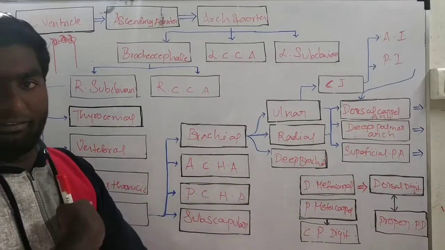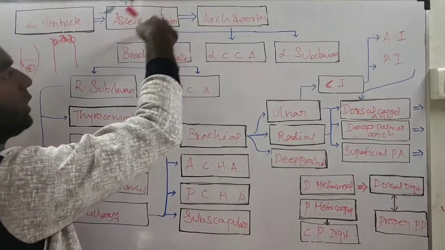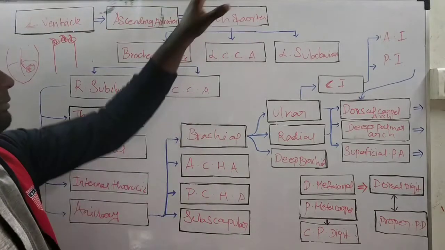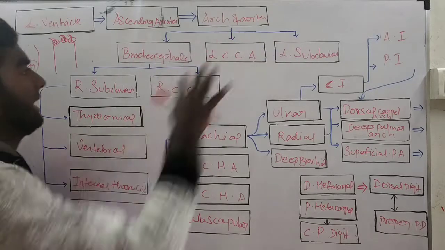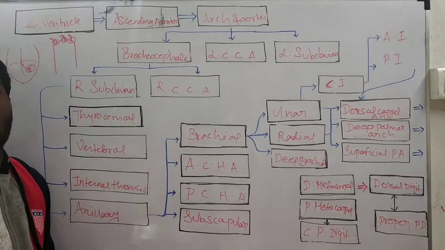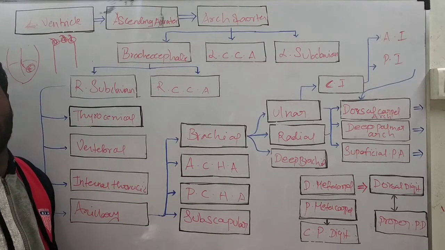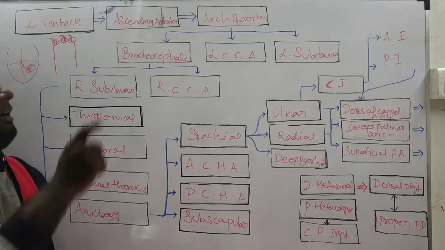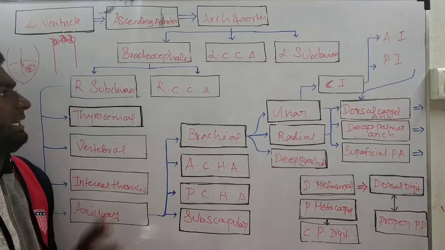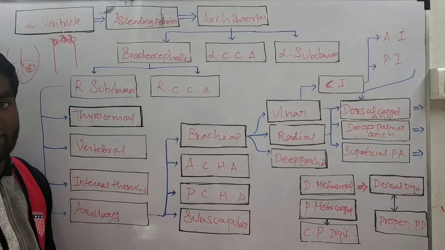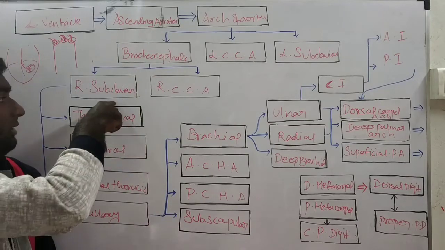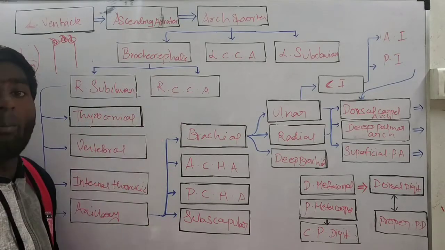Okay, from the left ventricle to the ascending aorta and arch of aorta. From the arch of aorta, it gives three branches: brachiocephalic artery, left common carotid artery, next left subclavian artery. From the brachiocephalic artery, it gives two branches: right subclavian artery and right common carotid artery.